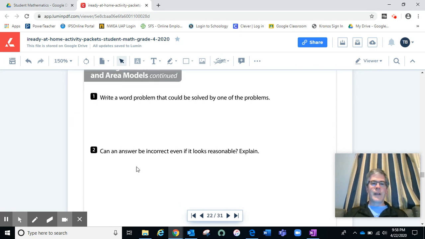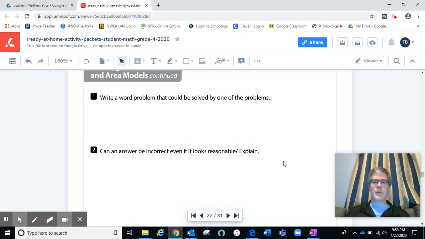And then, can an answer be incorrect even if it looks reasonable? We've looked at this before also. Remember, in terms of reasonable, we're thinking about estimating what the answer is going to be before we do all the math to solve it. And if we're able to estimate and then we do the math and our solution is a long way off from our estimate, then we know it's likely we made a mistake somewhere.